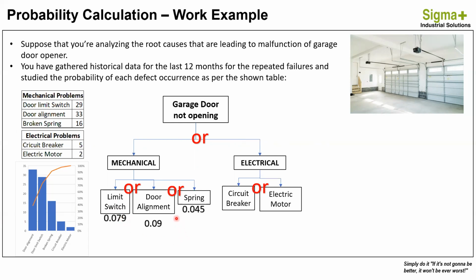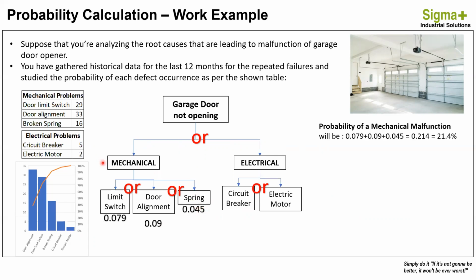For the door alignment, we have 0.09, which is approximately 9% probability that we will have an issue related to the door alignment within the 365 days, and 4.5% probability that we might have a spring issue for the door opener within a year.